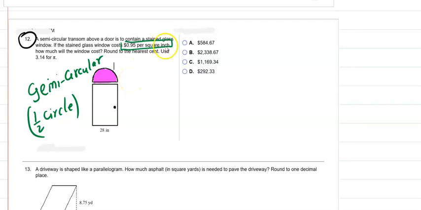So let's find the area of that. Area is going to be, this is the circle pretty much, pi r squared is the area, but since this is only a semicircle, you multiply by half, or you divide by 2, to find the area of the semicircular transom. So you get half times pi, which is 3.14.